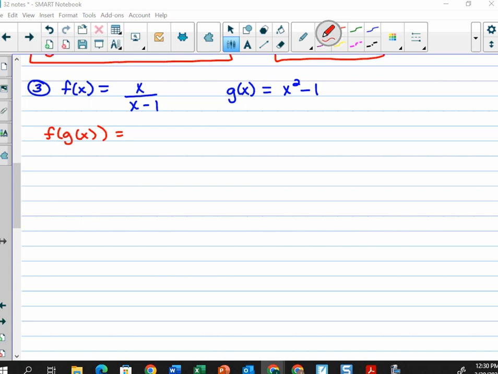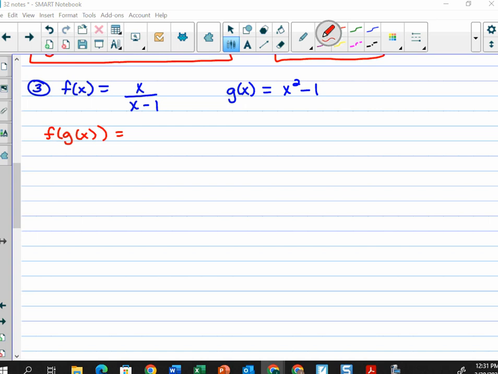Give you another minute here to finish up your discussions on domain, and then we'll go through it. I don't really understand the fraction part. Did you plug g of x into f of x yet?